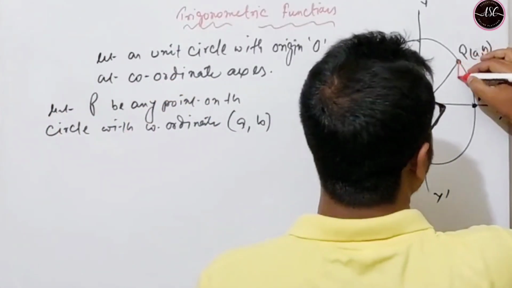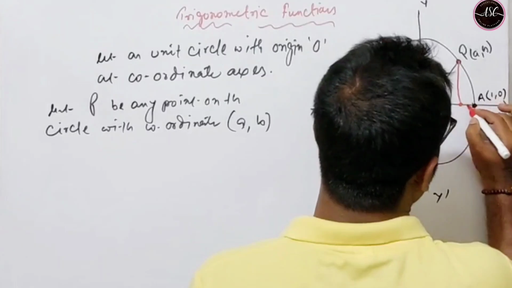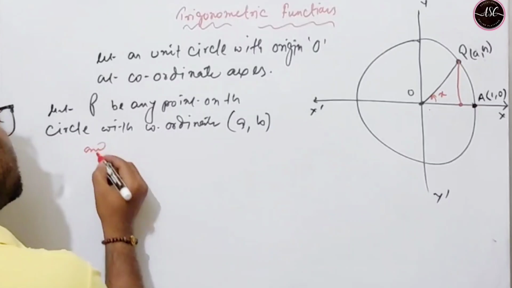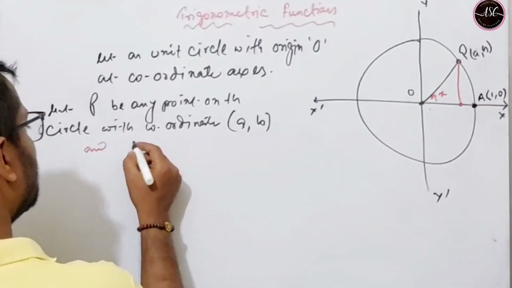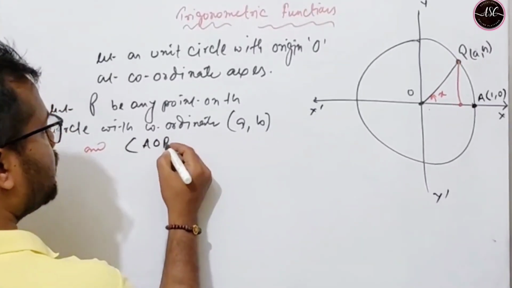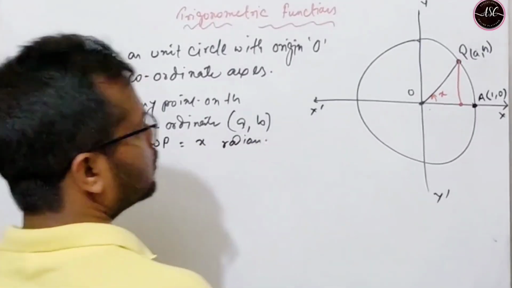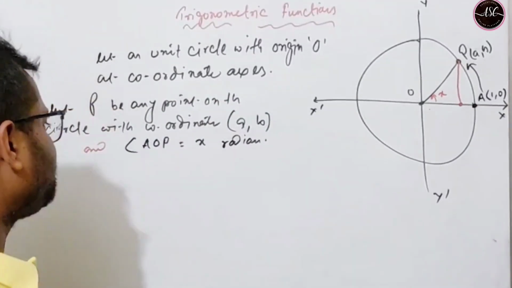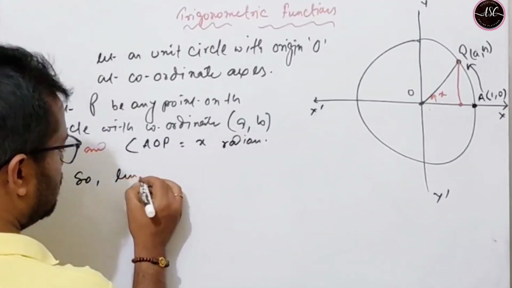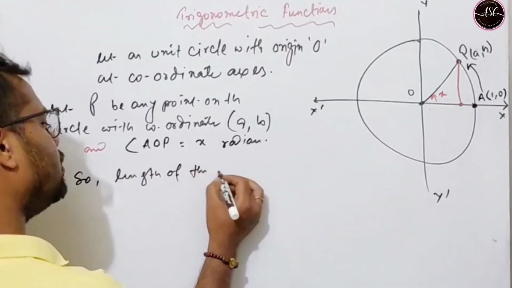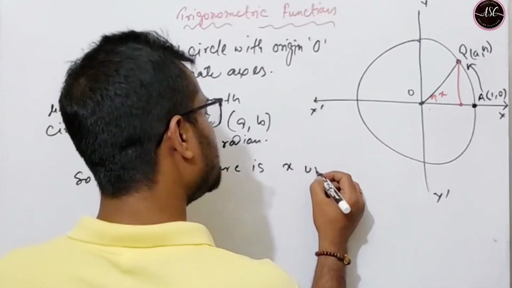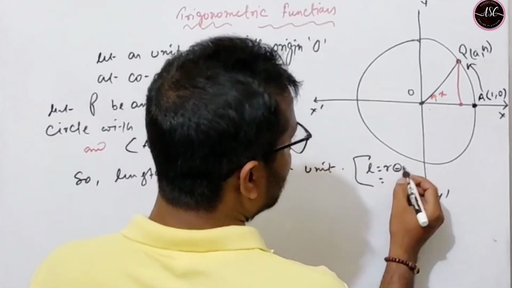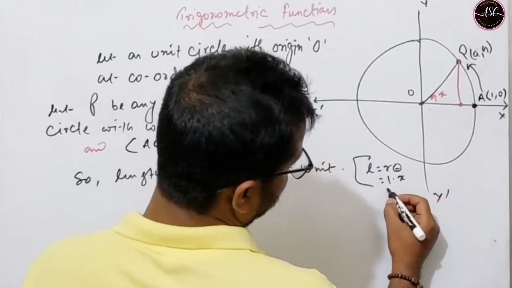Just draw a perpendicular on OA, and the angle is x, angle AOP equal to x. Here AP is the arc, so the length of the arc is x unit. But we know l is equal to r theta. Here r equal to 1 and theta is equal to x, so l equal to x.